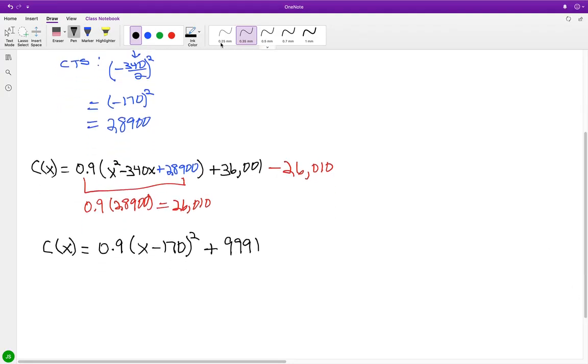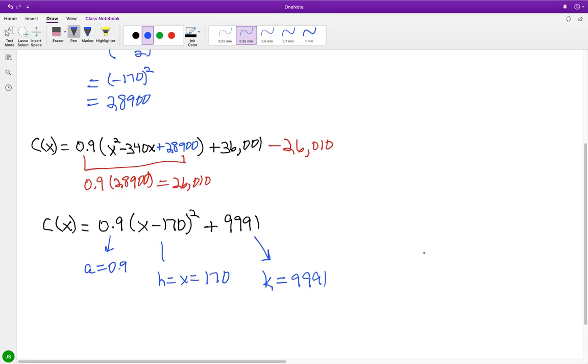So a is equal to 0.9, the h value is going to be 170, and k is equal to 9,991.